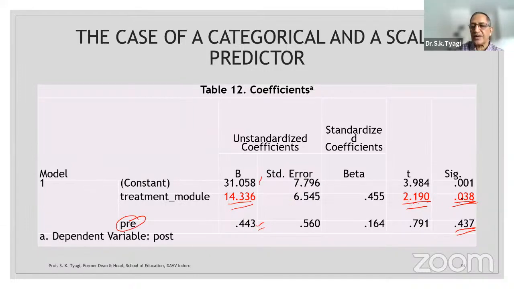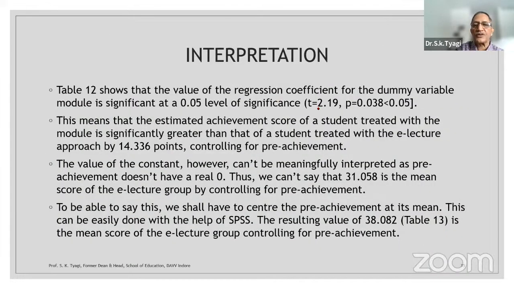The T value is 2.19, significance is 0.038, which is less than 0.05. This means that the estimated achievement score of a student treated with the module is significantly greater than that of a student treated with the lecture approach by 14.336 points, controlling for pre-achievement, when pre-achievement is held constant.